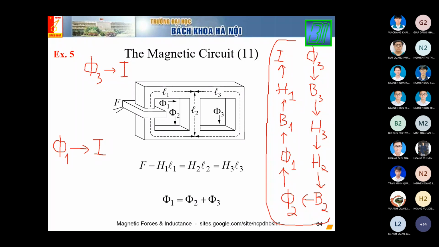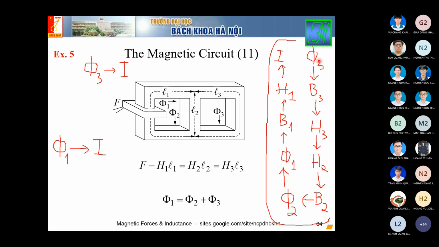Excuse me. Yes. At the favorite exercise, which is exercise number 5, how do we find B3 from magnetic flux?